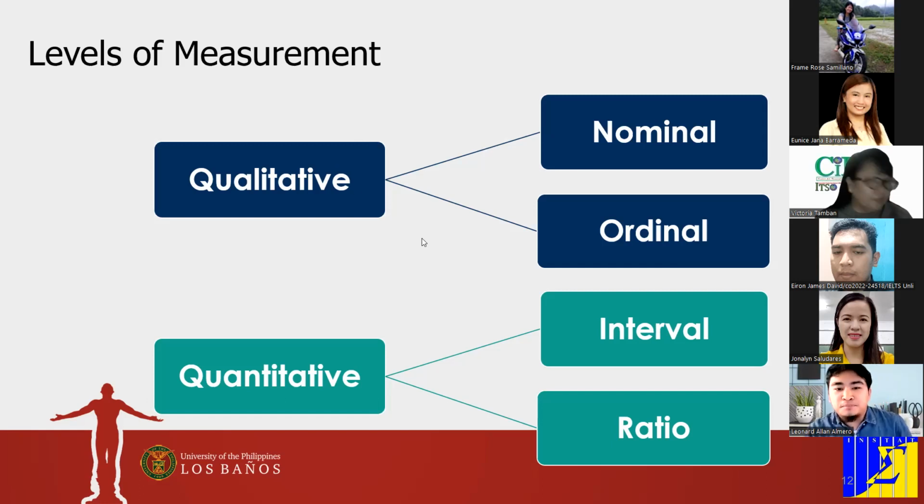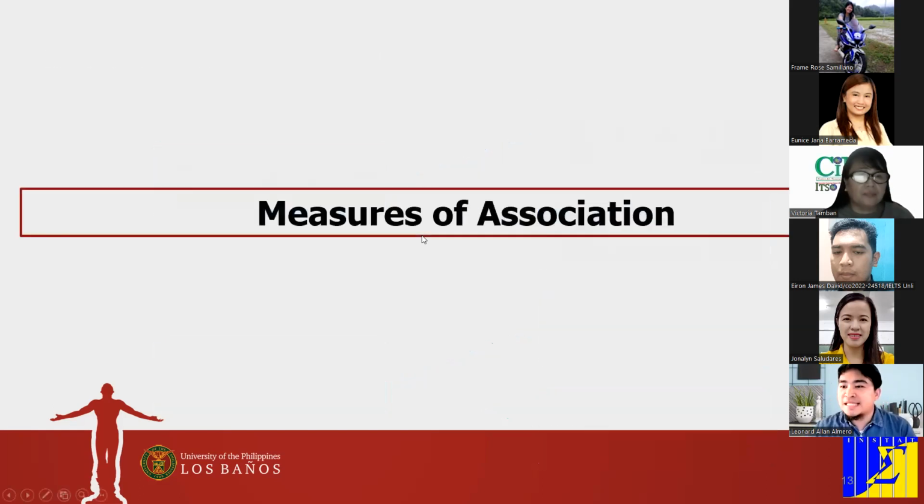So, now, papunta na po tayo sa exciting na part. Okay? So, now we will go to measures of association. Now, in this topic, I will switch from PowerPoint, Excel, and from a statistical software.